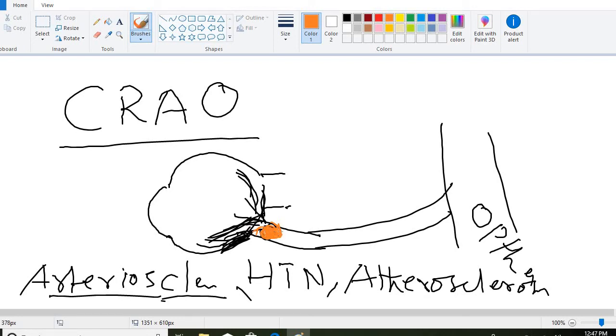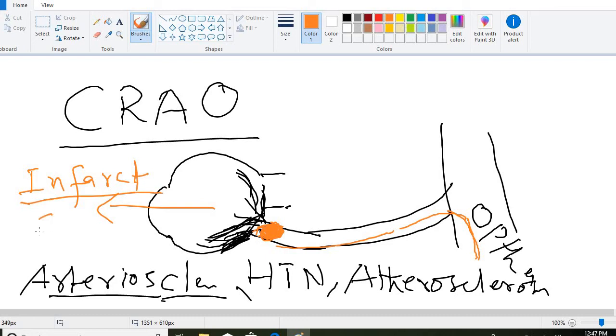This embolus is dislodged from the ophthalmic artery, comes into the central retinal artery, and causes obstruction. Obstruction leads to infarction and stasis, and there is no blood supply to the eyeball, resulting in sudden loss of vision.